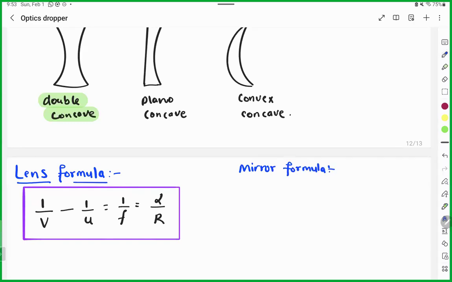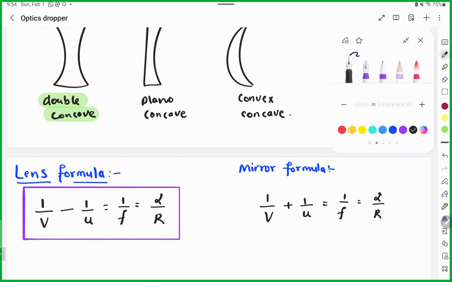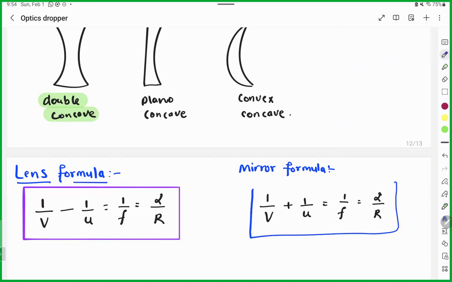In the mirror formula, 1 by V plus 1 by U is equal to 1 by F or 2 by R. So whenever you do the lens topic, revise with the mirror.